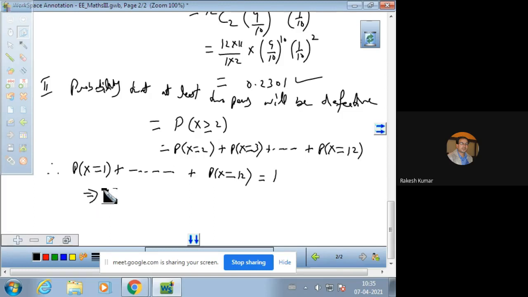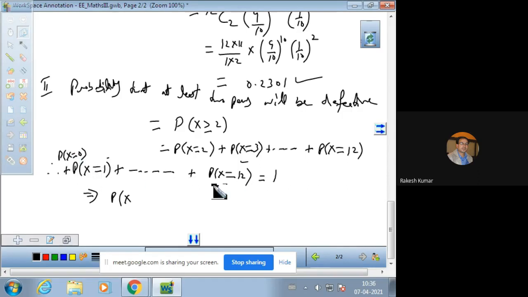So from this we can find out the required value, and x equal to 0 से, not 1 से, probability x equal to 0, क्योंकि 0 वाला केस भी तो आएगा जब कोई भी डिफेक्टिव ना हो, because it takes a discrete value. ये हमने लास्ट लेक्चर में डिस्कस करा था. Discrete random variable is there in the case of binomial distribution. So when 0 pens defective, when 1 pen defective, and when maximum 12 pens are defective.